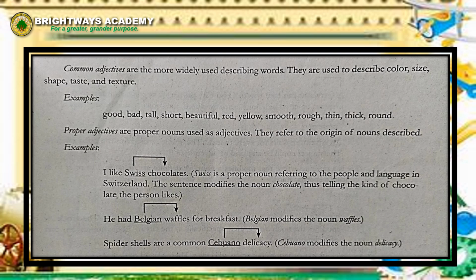Another example, spider shells are a common Cebuano delicacy. Cebuano modifies the noun delicacy.